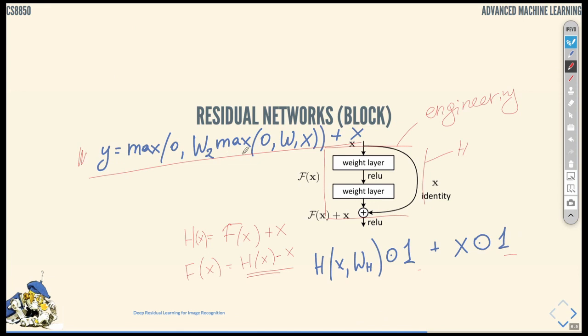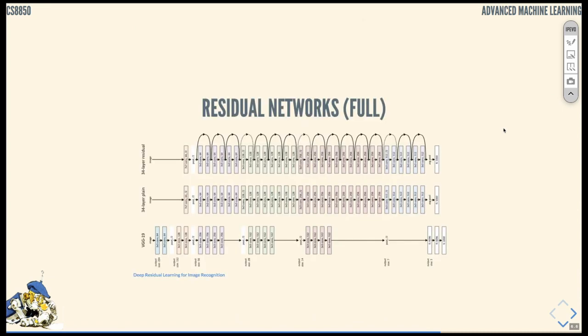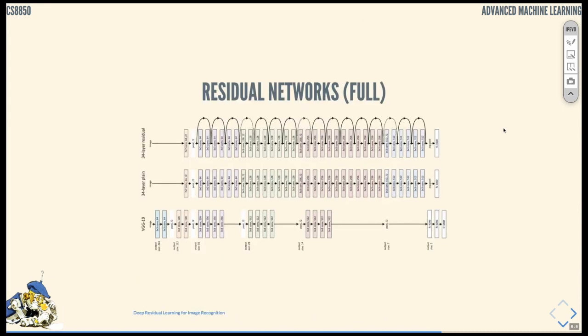Yes, mathematical notation is precise when you need to go down to the nitty-gritty basic principles, but when you need to represent a network with 100 layers, writing it as a formula is unwieldy. Yet, look, we will see now that representing a 34-layer residual network with an engineering diagram is still possible. Pardon my putting it on the side.